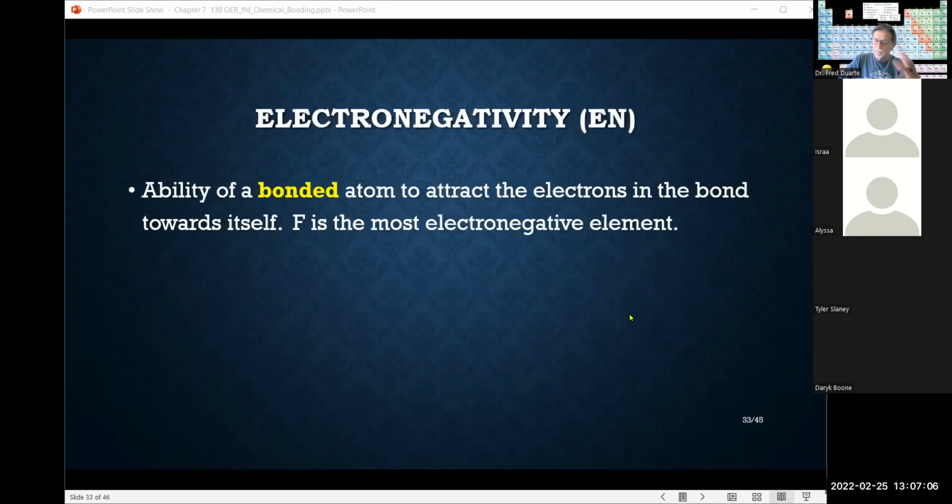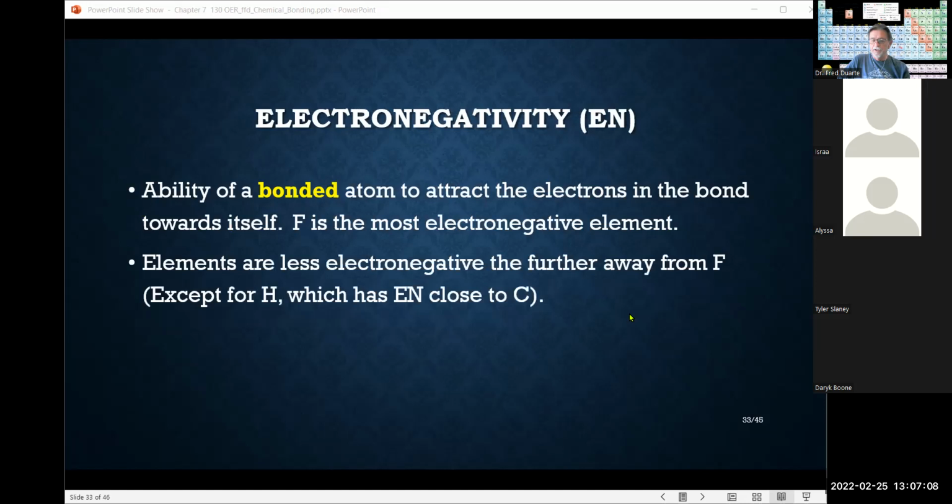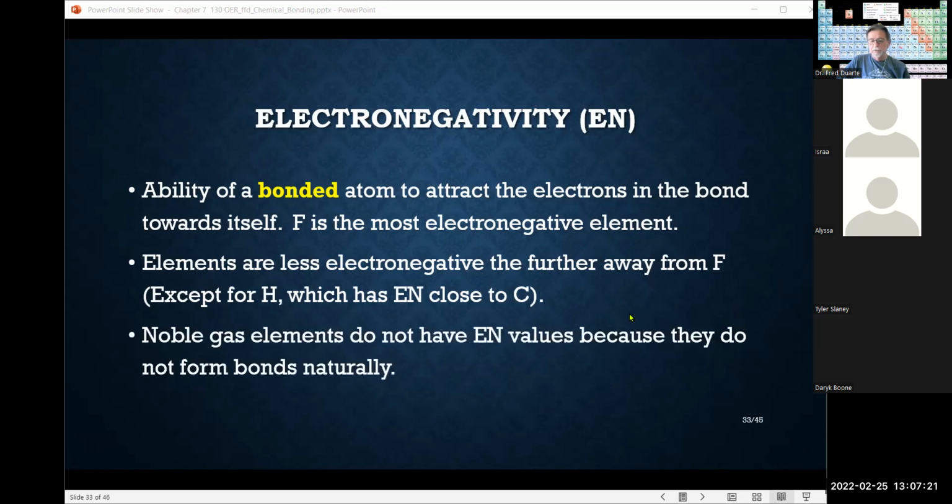Okay, so electronegativity, to rehash, is the affinity for an element to attract electrons onto itself when it's bonded. Not to be confused with IE, ionization energy, which just dealt with the atoms themselves and the amount of energy to remove an electron.